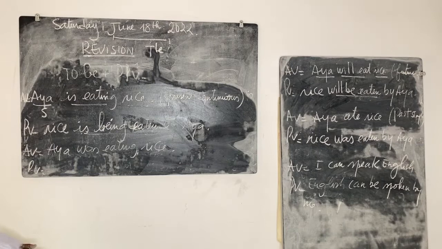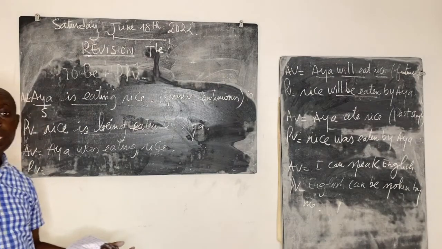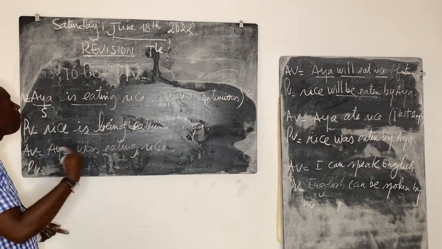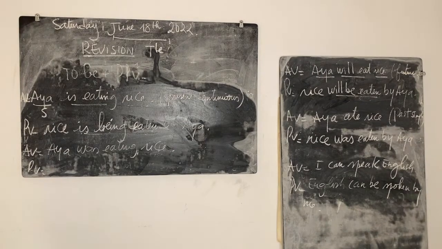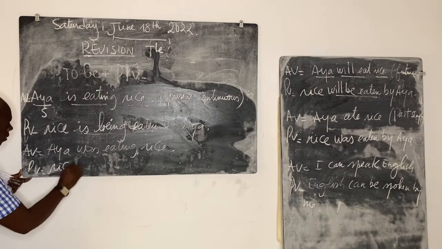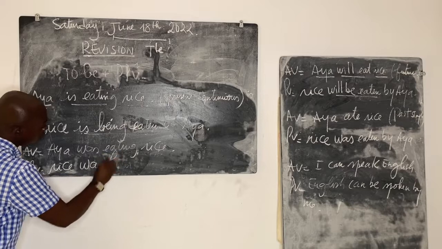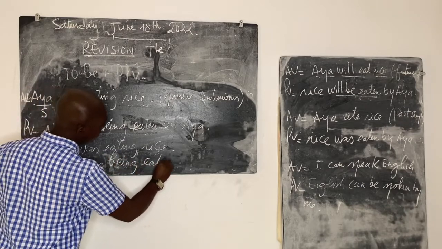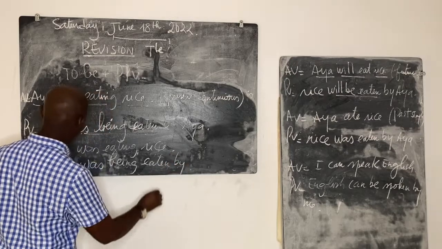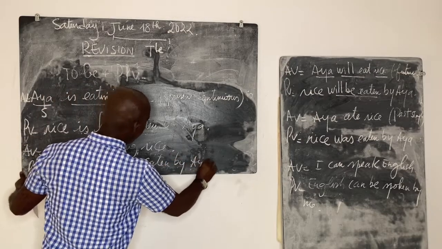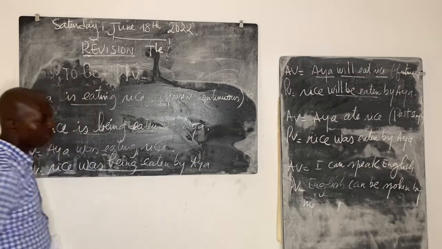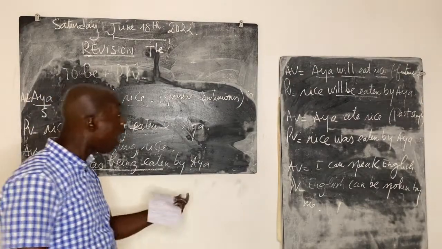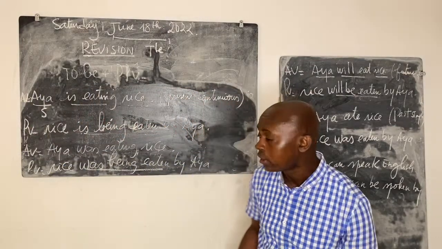So automatically, our to be is going to be conjugated in past progressive. So it's going to be rice was being eaten by Aya. Was being eaten. This is generally speaking how the passive voice works.